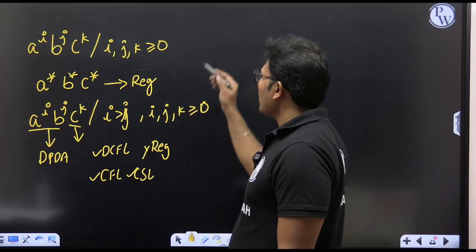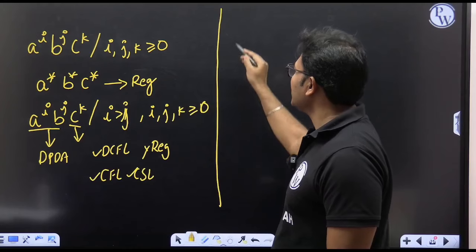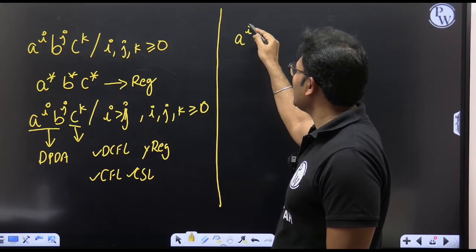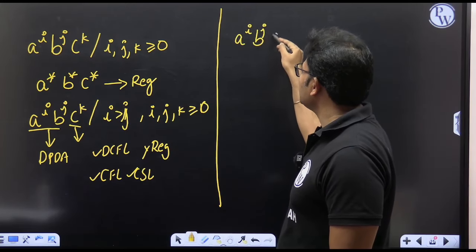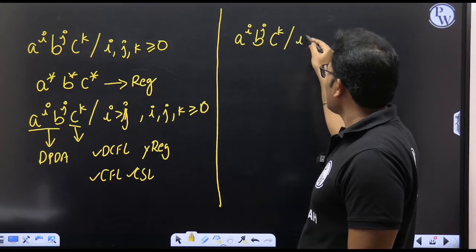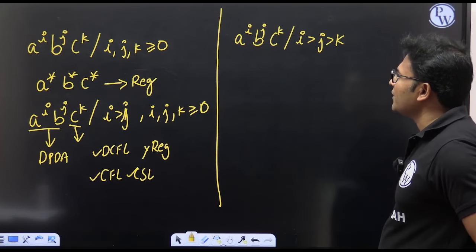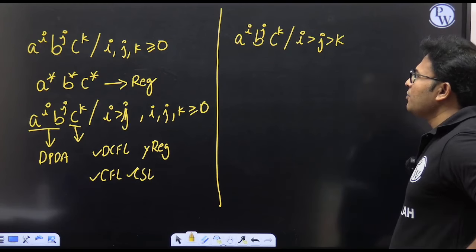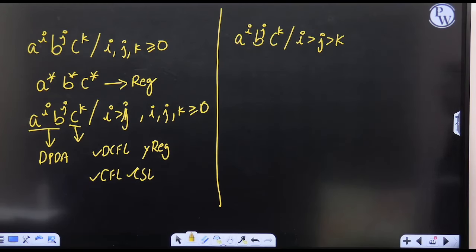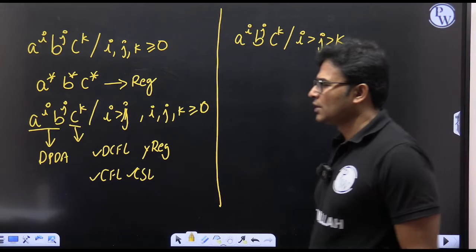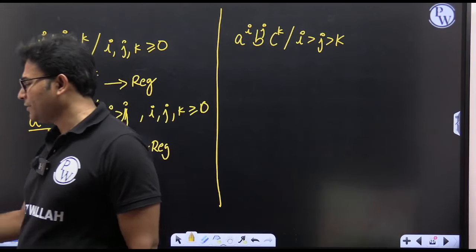Now, if I just extend this question a bit, and I write A power i, B power j, C power k, such that i is greater than j is greater than k.